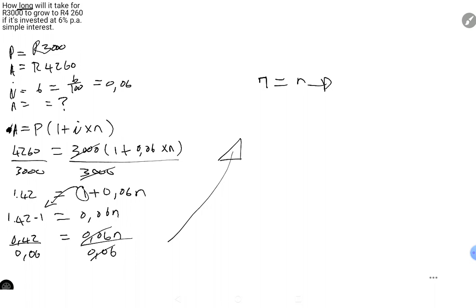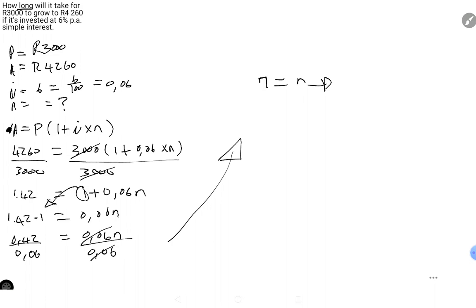We took the 1 over, it was positive, it became negative. That's the arrow you see there. And then we got 0.42 when we subtracted the 1 from 1.42, and on the right hand side we've got 0.06N.